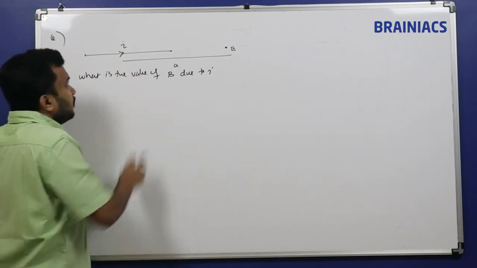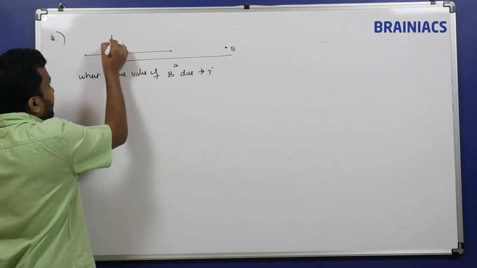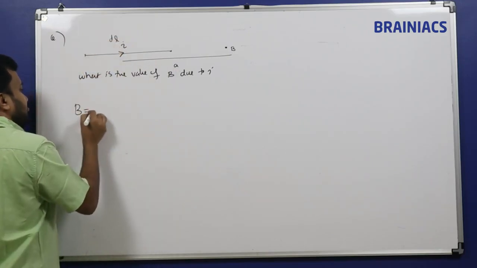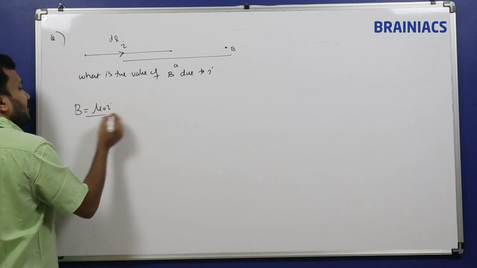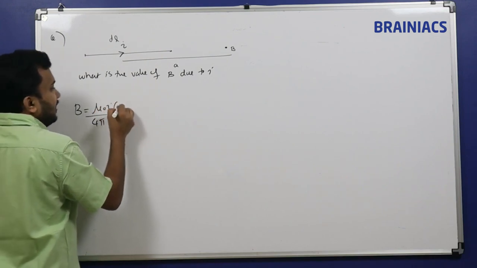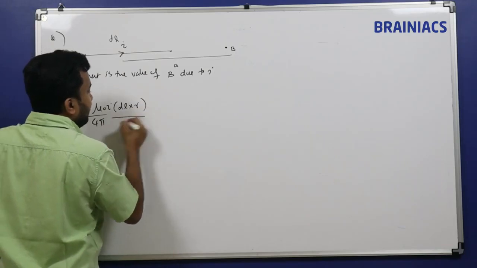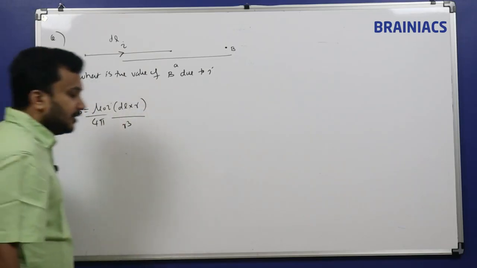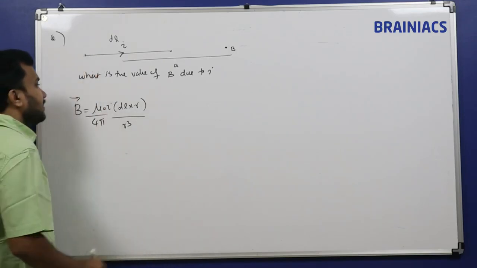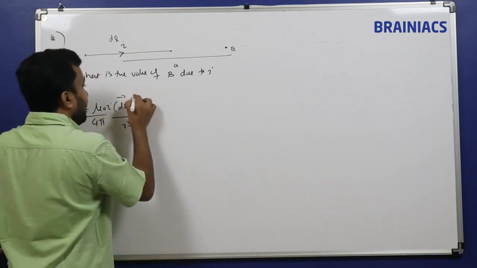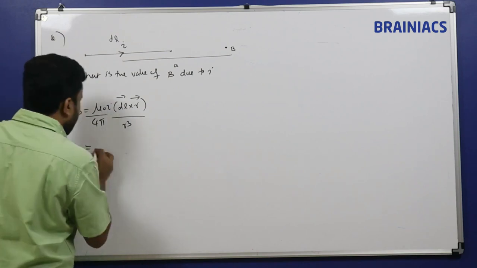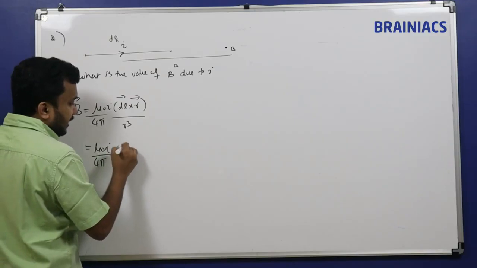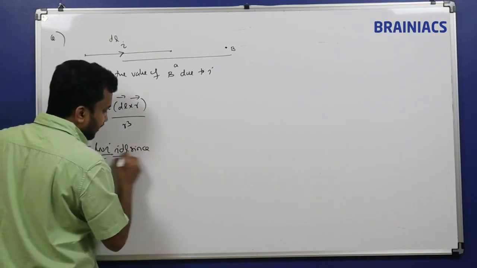If you see this, this is called dl, the current element, and this is my distance vector R. In our basic formula, B equals mu 0 by 4 pi into I dl cross R divided by R cube. This is a very fundamental formula to calculate the magnetic field intensity. dl and R are vector quantities. We write it in scalar form as mu 0 by 4 pi into I dl sin theta divided by R square.